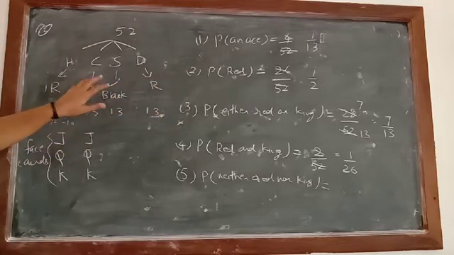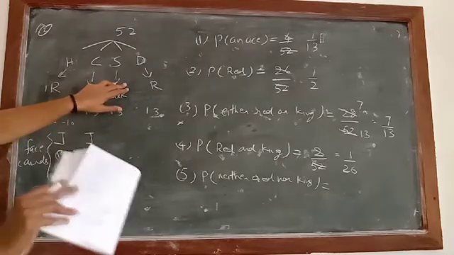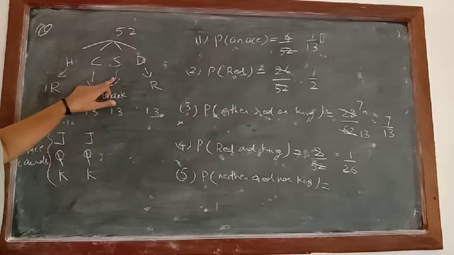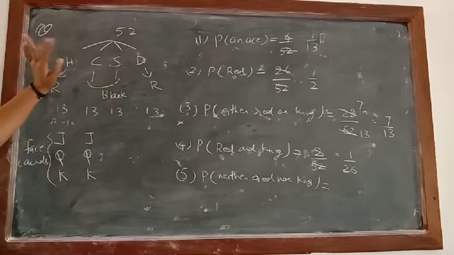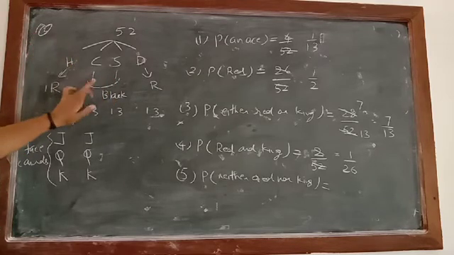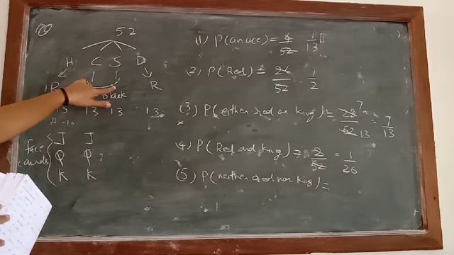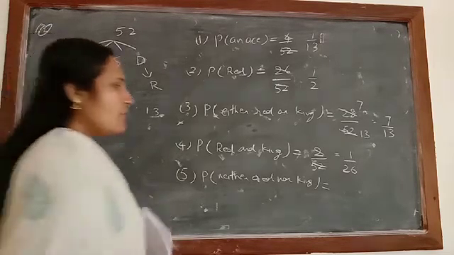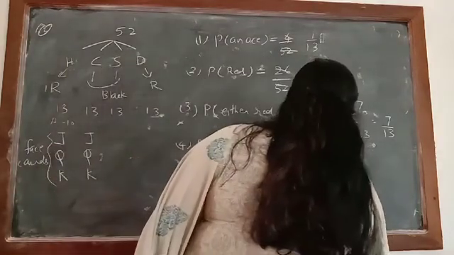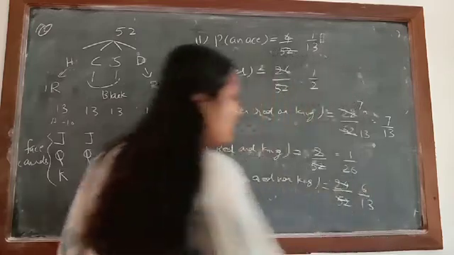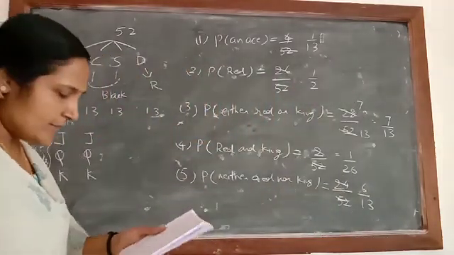So remaining 26 are there, and I am saying I don't want king also. So from here also out of 26 we have to remove 2 cards which are kings. Correct? So from 26 removed 2 cards. So remaining how many cards are there? Yes, 24 cards are there. So it will be equal to 24 by 52. So again cancel it, then we will get 6 by 13.